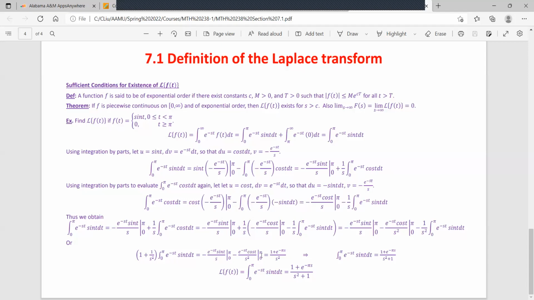When you plug in pi, you get e to the negative s pi times cosine pi over s squared. Cosine pi is just negative 1, but then you get another negative sign, so that becomes positive. So you get e to the negative s pi over s squared, positive, and then you subtract this whole thing with 0 plugged in.